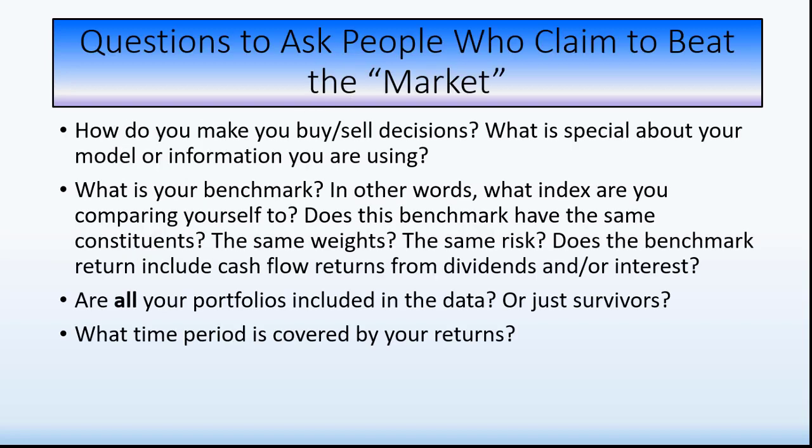Let's go down the list that I have here. The first question is, how do you make buy and sell decisions? What often happens is you talk to a broker or portfolio manager who works in a small office for a large financial institution, based in Chicago, New York, London, somewhere.